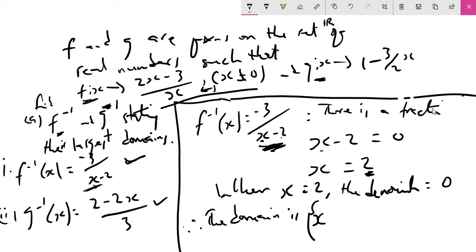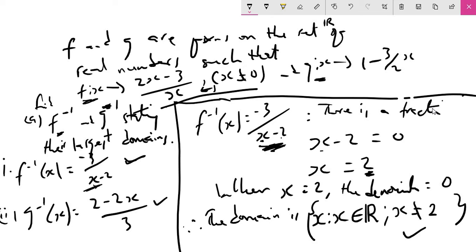So the domain is the set of all values of x, such that x is from the set of all real numbers, except x equal to 2. If you are not using the except, remember that the way you write it will be slightly different. It will look like this: x is not equal to 2. And this defines the domain of f inverse of x.